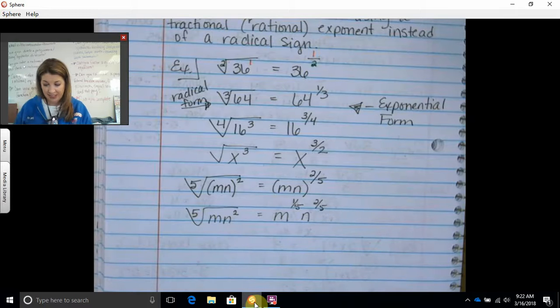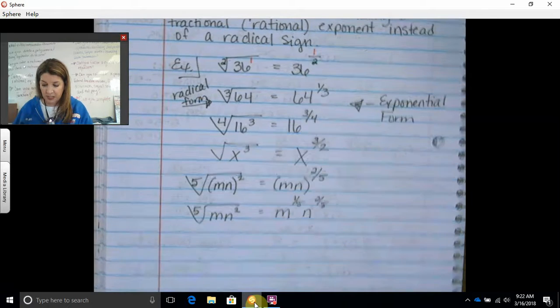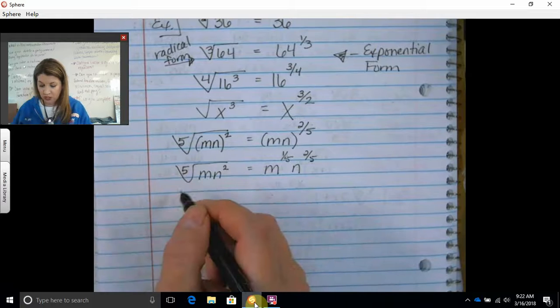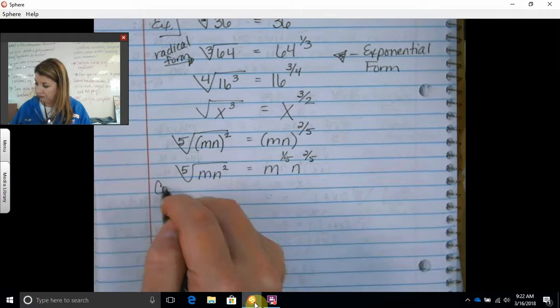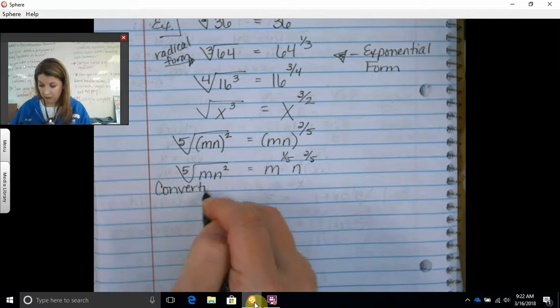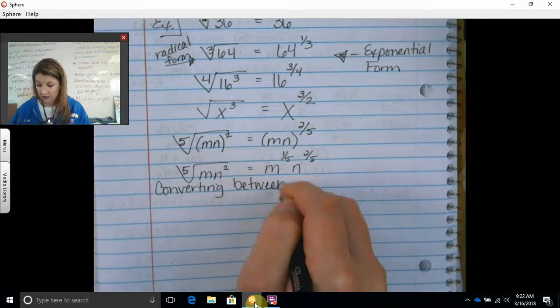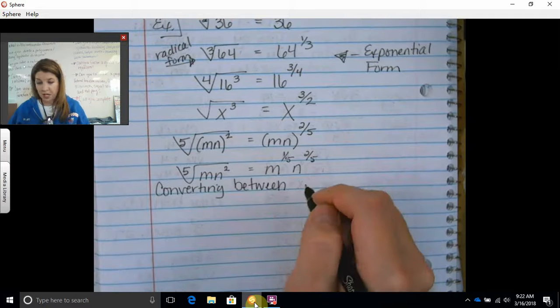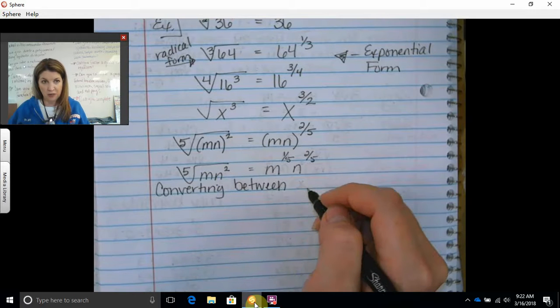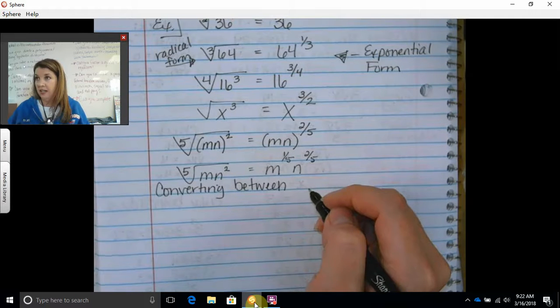Good. I'm glad. Okay, so let's convert between exponential and radical form. We'll just do several examples going back and forth, okay? We need to know how to do this because we're going to have some equations where we have rational exponents, and we need to know how to convert it to radicals so we can solve it, because we know how to solve radical equations already, right?